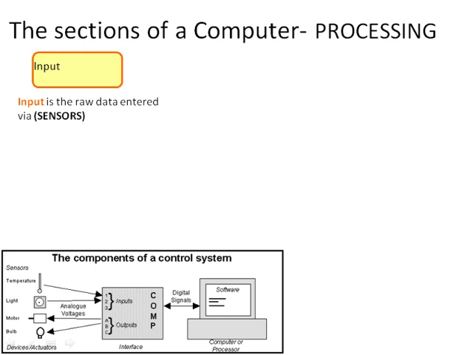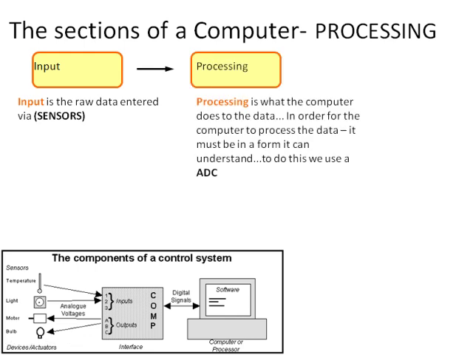So we've already said that input is done via sensors. So these will be the sensors here. In order for the computer to understand it, it needs to be converted into a form that it can understand. To do this, we use a thing called an ADC. In simple terms, we've got our analog signals here that are recorded via sensors.